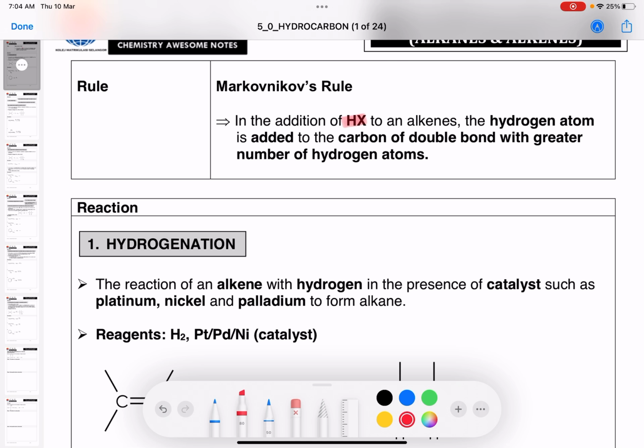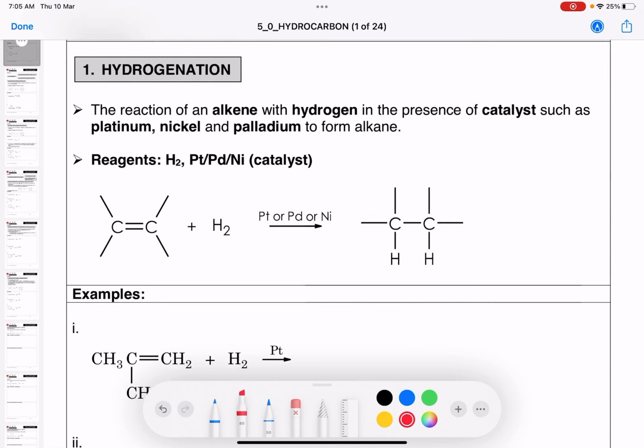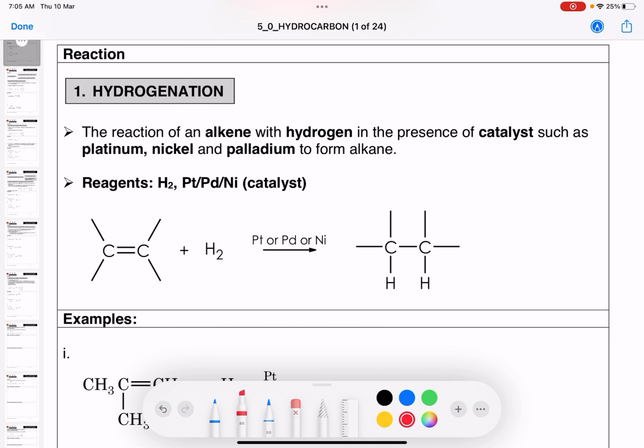As you can see here, the hydrogen atom is added to the carbon of the double bond that has the greater number of hydrogen atoms. When we reach the reaction that involves this, I will explain to you. But for now, let's proceed with the first reaction.